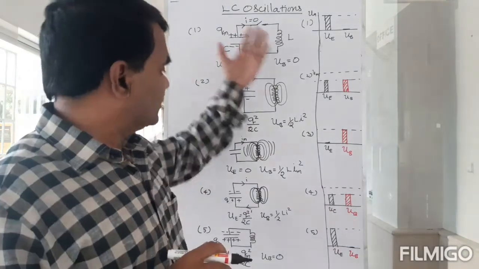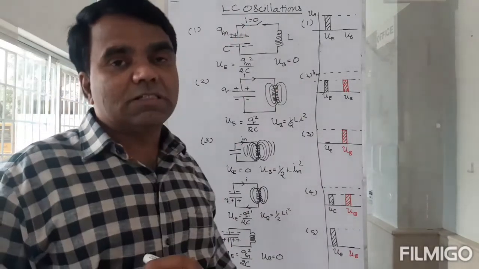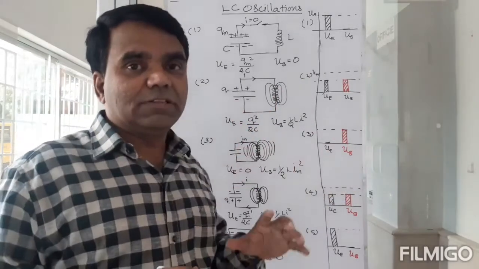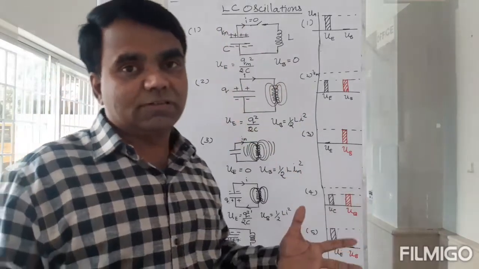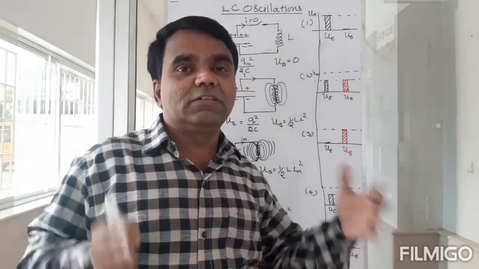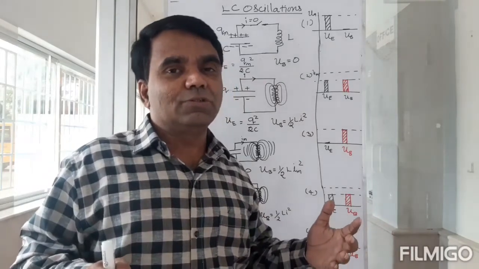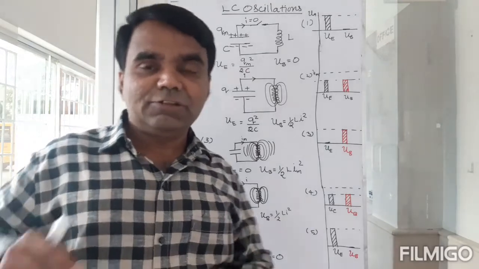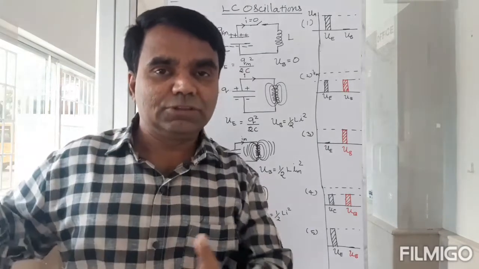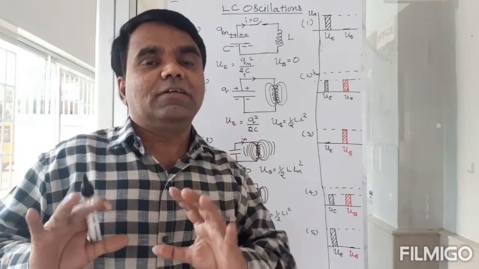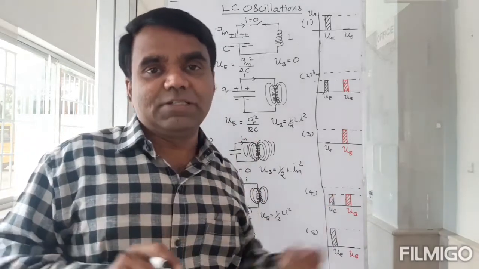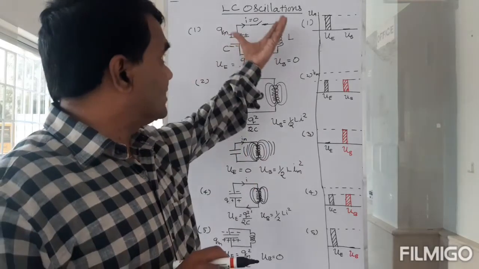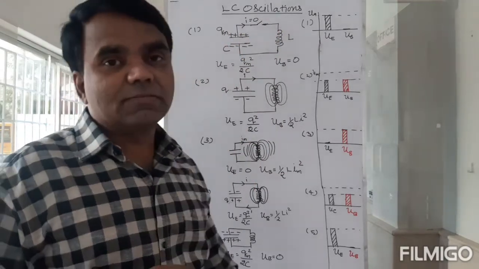So this is what the LC oscillations are about. This is where the system tends to oscillate, and then you bring an external source. So this will oscillate with its natural frequency, and you are going to bring another source like an AC source or something. Then resonance can take place. I hope you understand why an LC circuit oscillates.